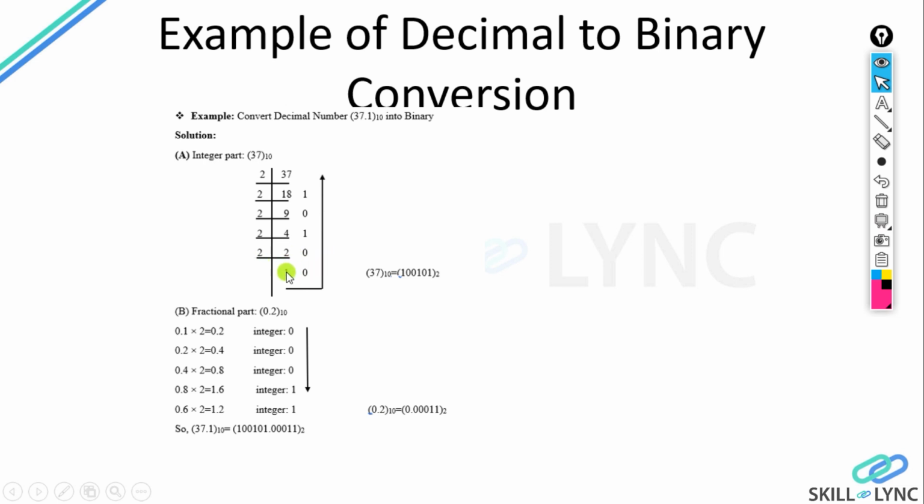Now you can't divide further because the number you are getting is 1. Now you will note down the remainders and write the answer from bottom to top. 1 0 0 1 0 1 is the required answer. This is for the integer part.